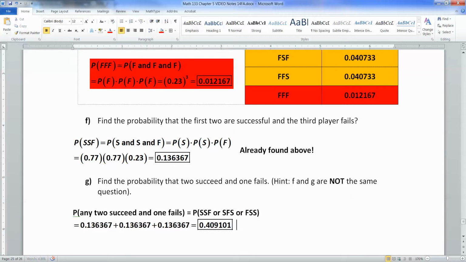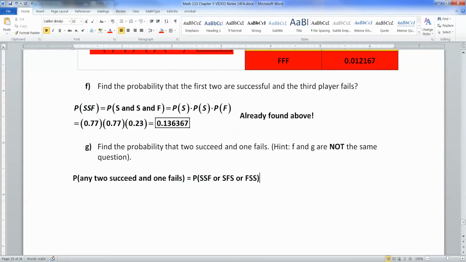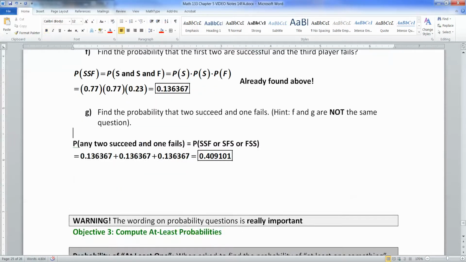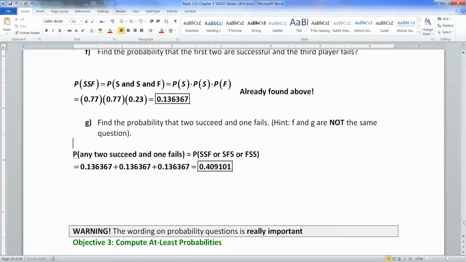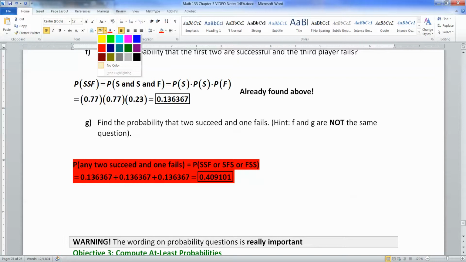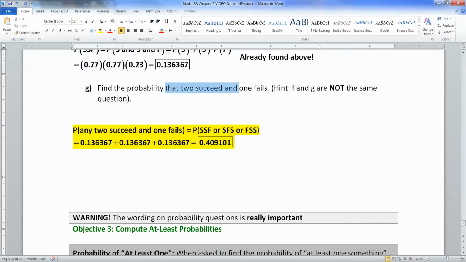And you'll notice that you got to be careful in probability because those two questions appeared very, very similar, but they are not the same. And that's my warning to you here down at the bottom of this page. You have to be cautious because this one was talking about one particular one of the yellow ones, and this is talking about all three of the yellow ones added up. And it was all based in this English right here.